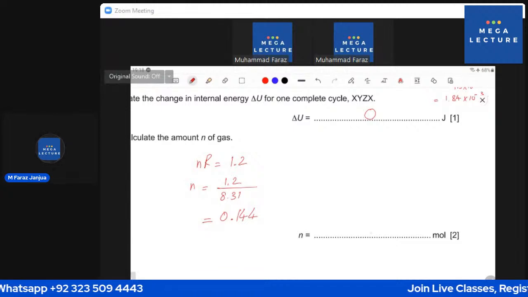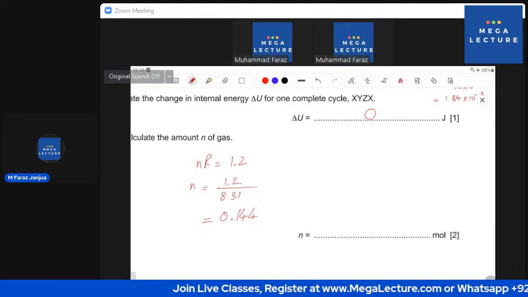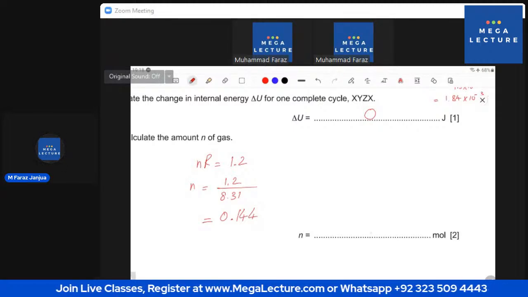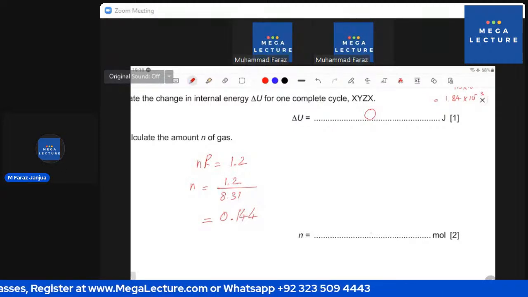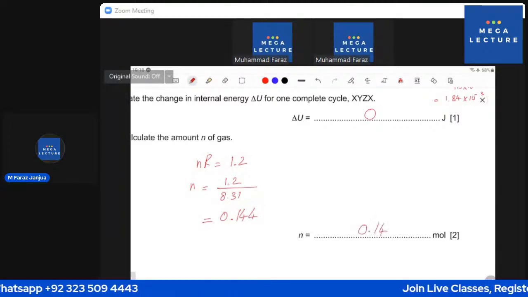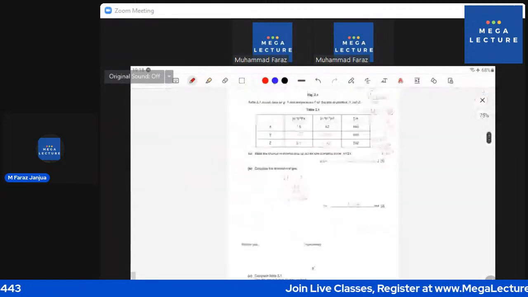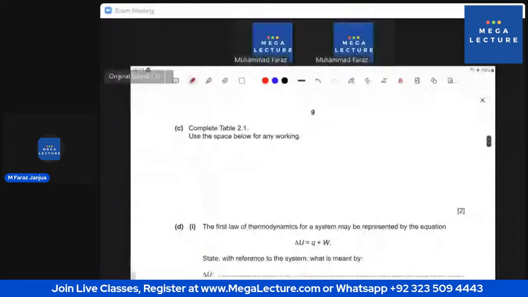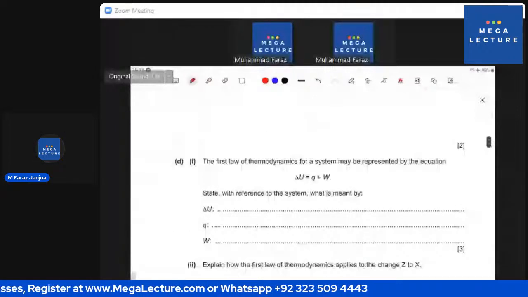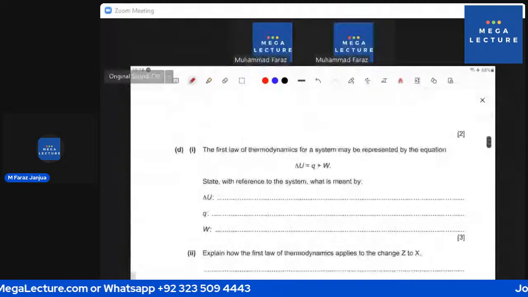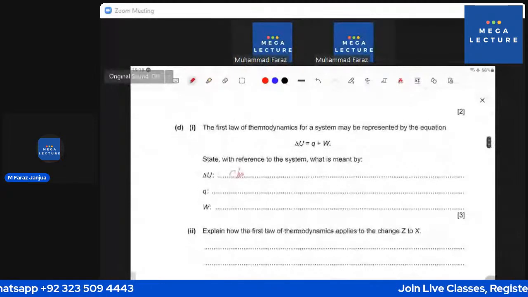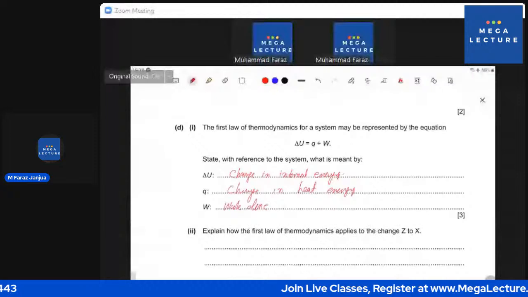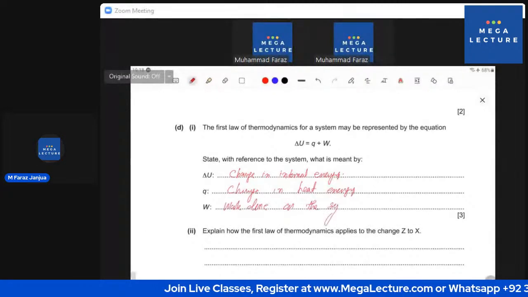Now, complete the table. Use the space below for any working. We have already done that. The first law of thermodynamics is this: state what is meant by delta U. Change in internal energy, change in heat energy, work done on the system.